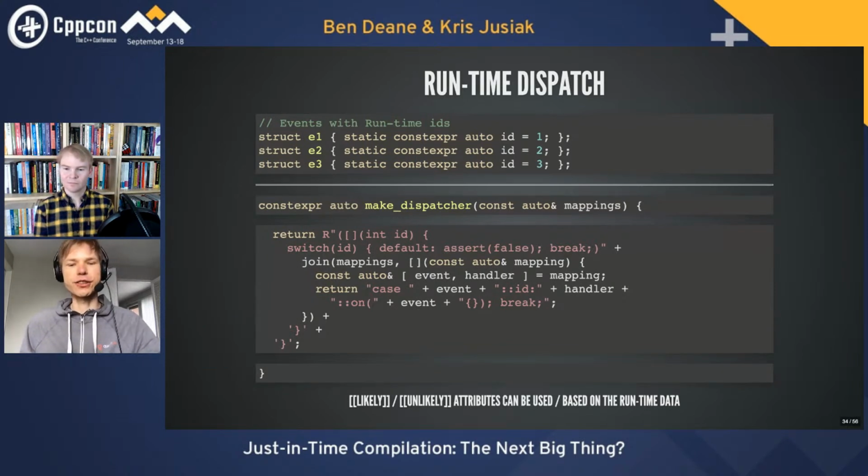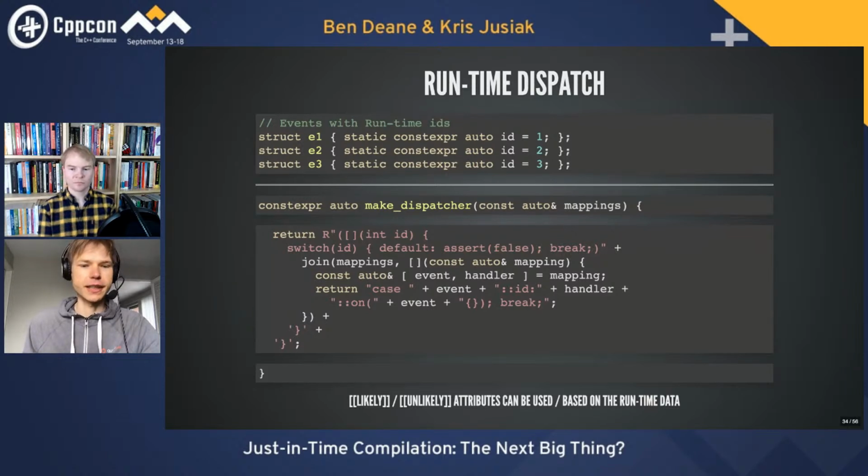You see the string manipulation here just to produce the switch code correctly, but the final result will be the case of the handler, which are provided by the mapping, which is another map, and we'll call it with the event, and it will just break.